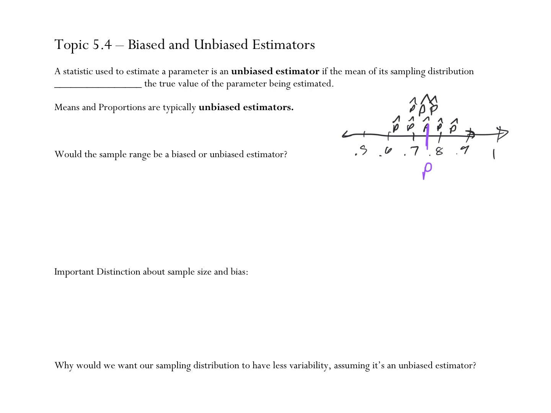Okay? Now, this is an example of what's called an unbiased estimator. And what makes this statistic an unbiased estimator is essentially that the mean of all the statistics, the mean of the p hats or the mean of the x bars, is equal to the parameter you're trying to estimate.